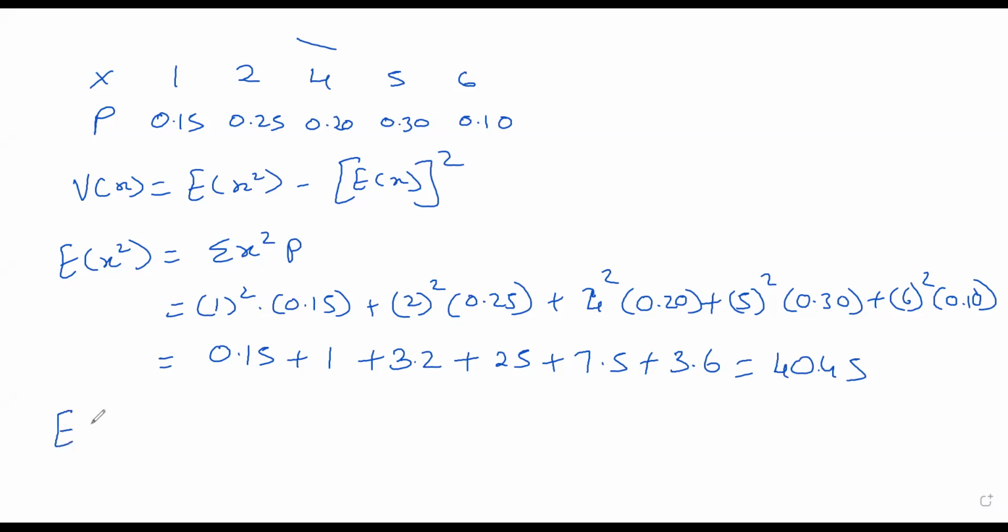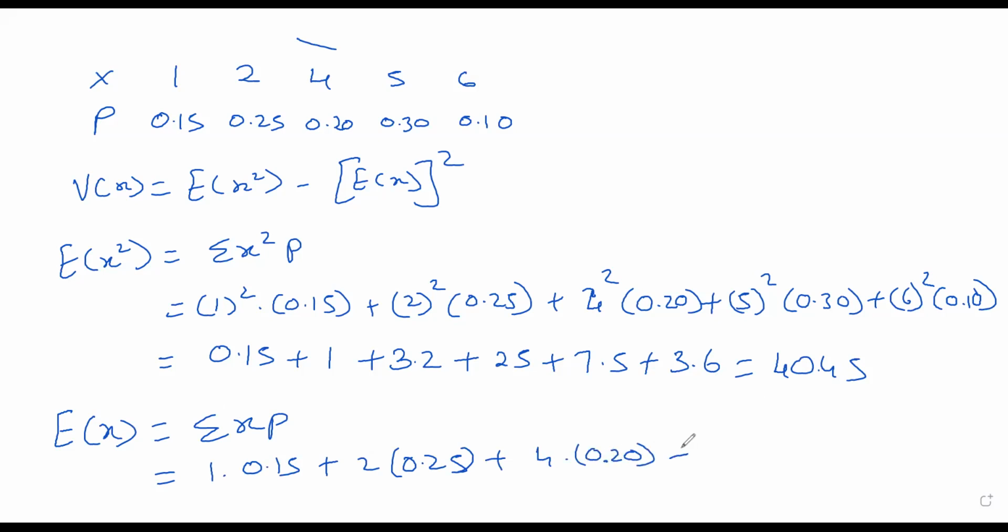Then E of X, expected value means summation XP. 1 into 0.15 plus 2 into 0.25 plus 4 into 0.20 plus 5 into 0.30 plus 6 into 0.10. So this is 0.15. 2 into 0.25 is 0.5.